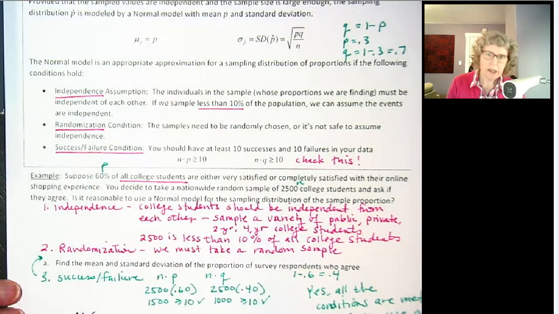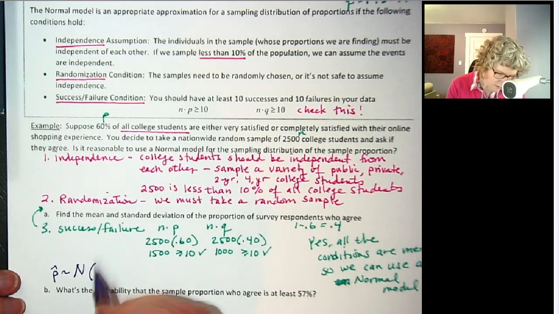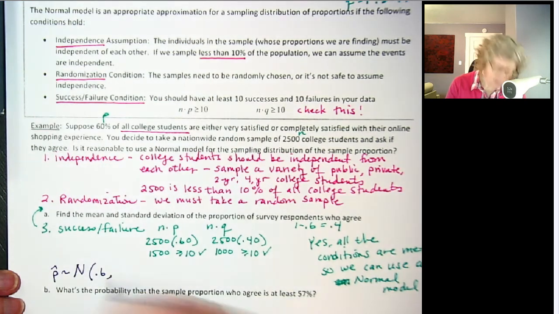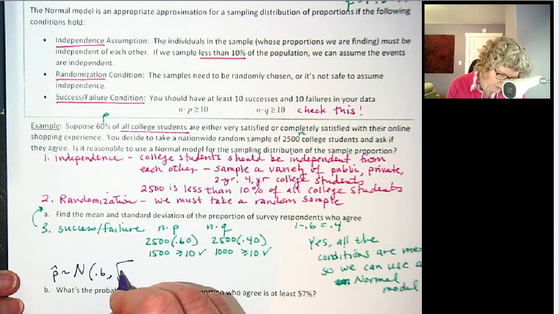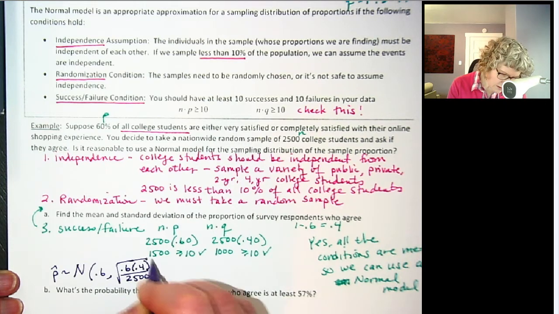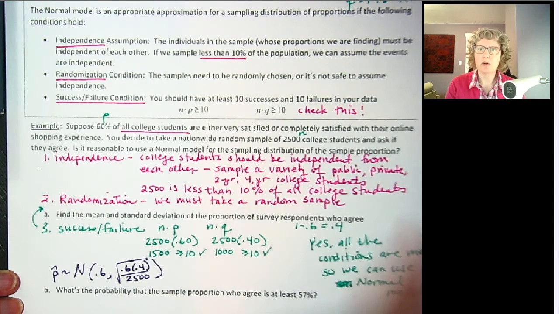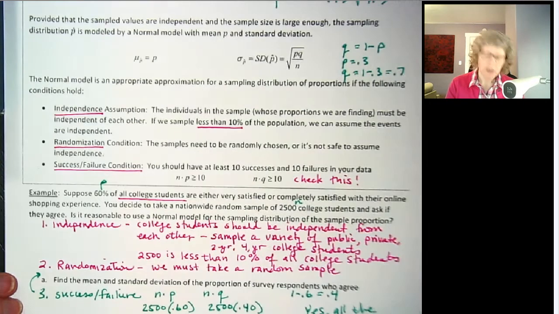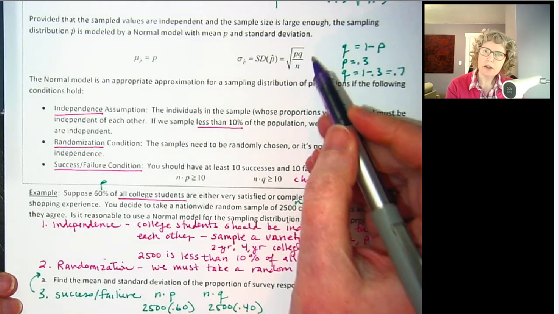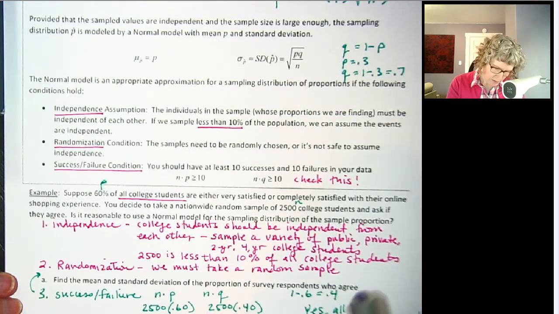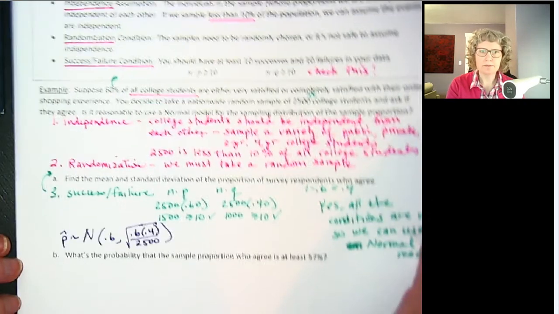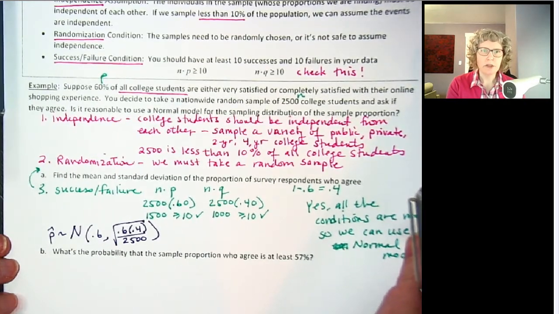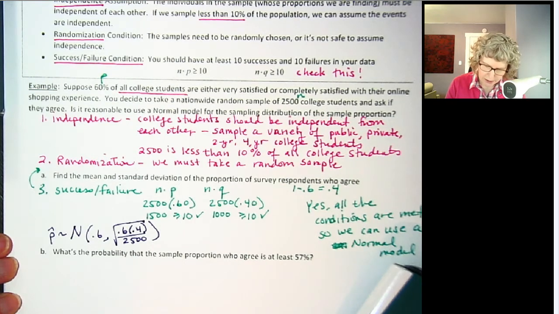Our mean is p, 0.6 or 0.60, either one. And our standard deviation is the square root of 0.6 times 0.4 over n. That's the formula, square root of PQ over n. Okay, so I'm going to calculate that, and then we can draw it and find a probability.